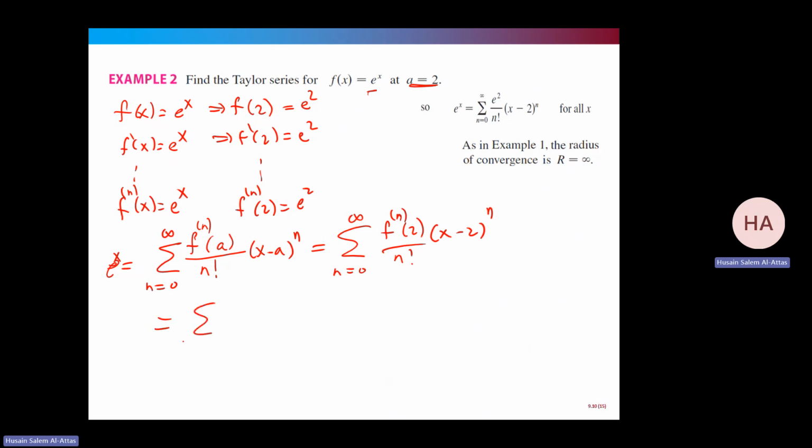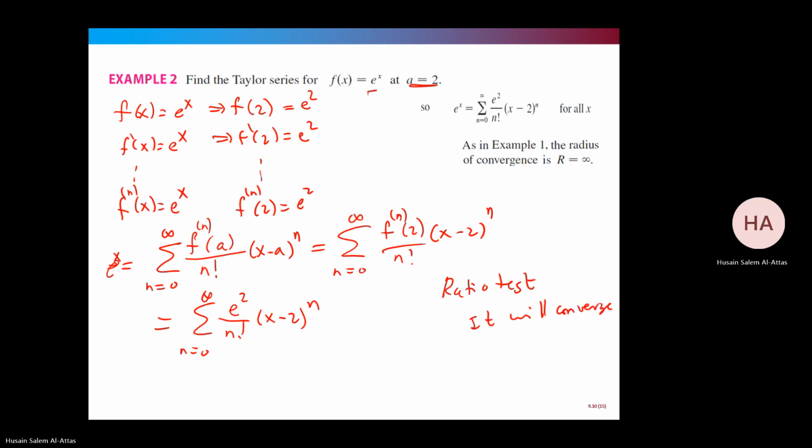So that will be the summation n equals 0 to infinity of e squared over n factorial times x minus 2 to the power n. You can do the ratio test, where you will see it converges for all x. And so the radius is what? It's infinity.